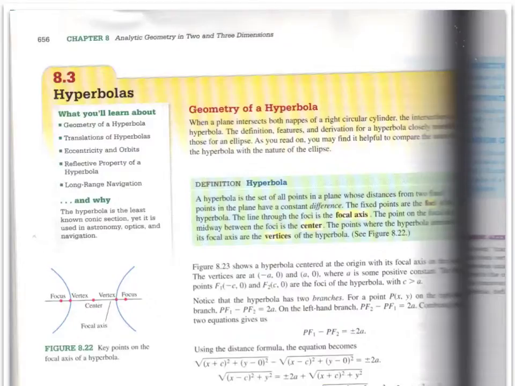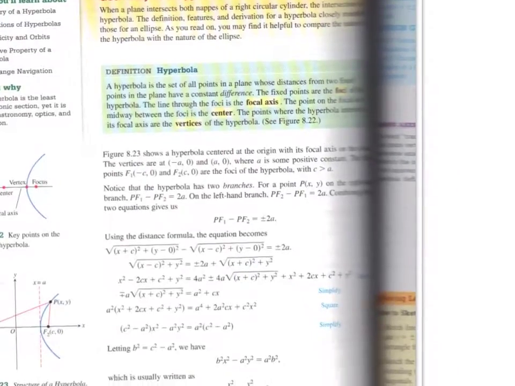The definition says the hyperbola is the set of all points in a plane whose distances from two fixed points, the foci, have a constant difference. The fixed points are called the foci. The line through the foci is called the focal axis.